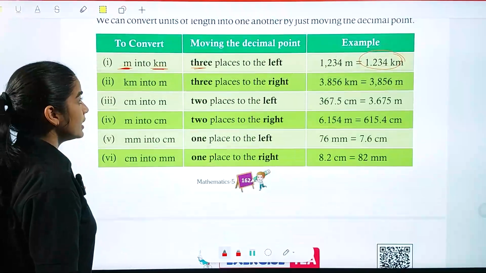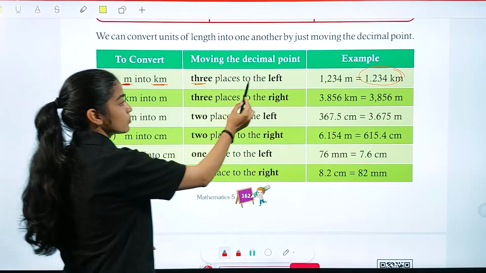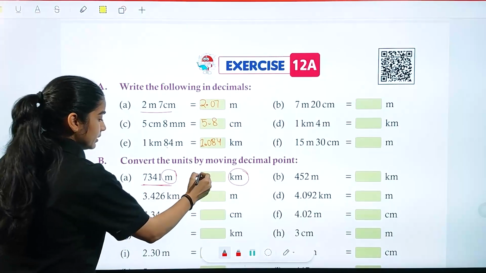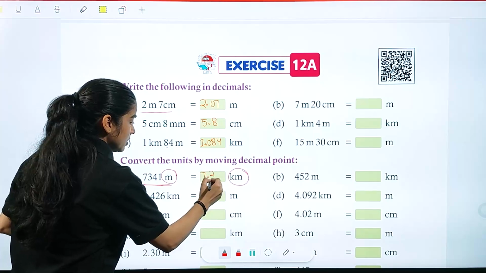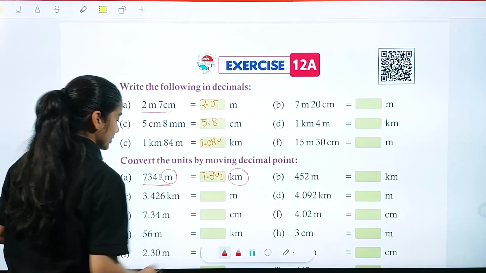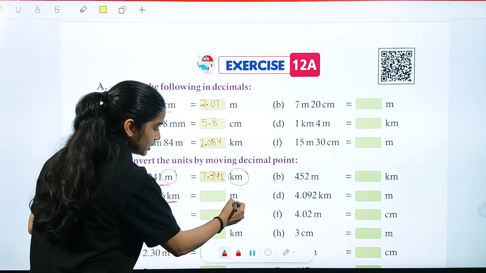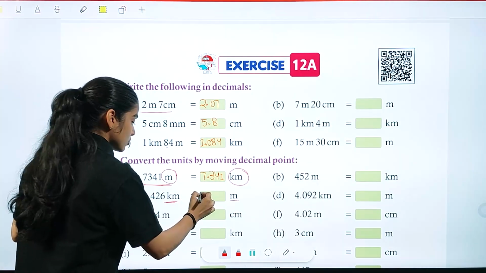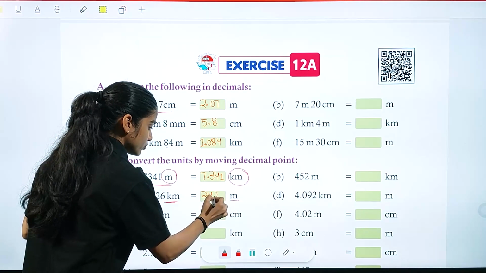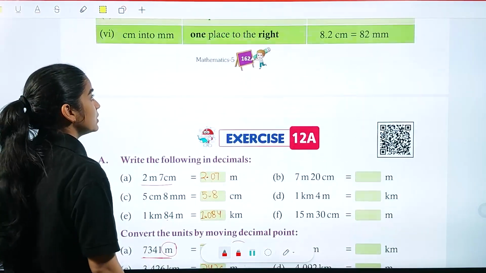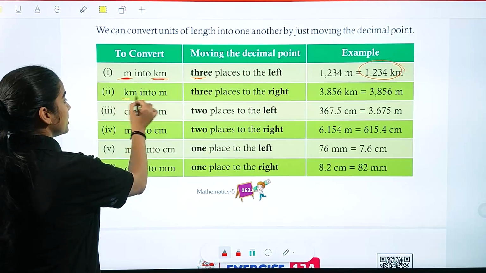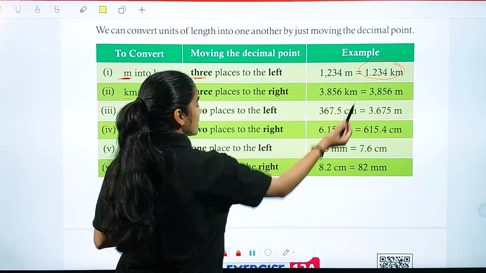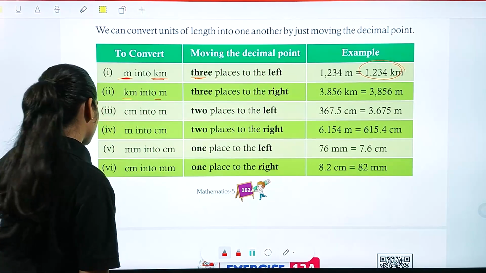For this we have to move 3 places to the left, so 7.341 kilometer. Now kilometer to meter. Now we have to shift our point 3 places to the right. So 3426 meter. As we understand here, kilometer into meter, 3 places to the right. So 3.856 kilometer will be converted into 3856 meters.